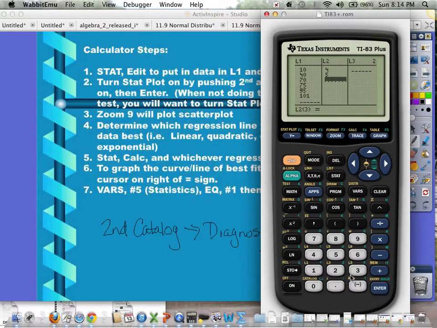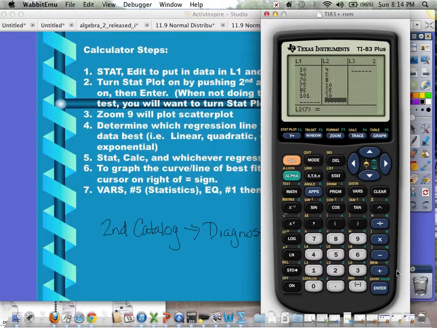One of the things is stat plot. You only want to do that when you are actually using the statistics part of any kind of test, because it'll aggravate you to no end because you won't be able to figure out what's going on because you've got all these little blocks popping up on your screen. So only turn the stat plot on when you are going to do the statistics parts of your test.